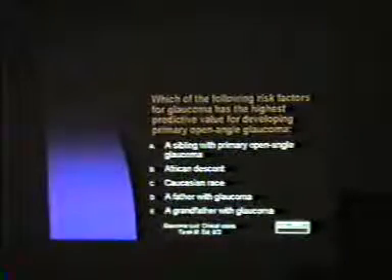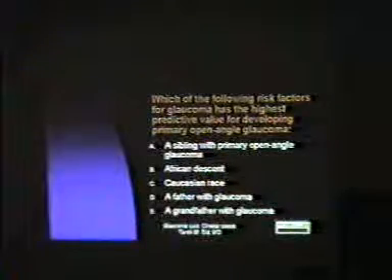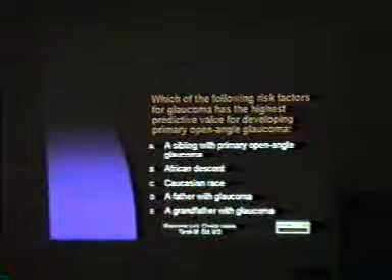Which of the following risk factors for glaucoma has the highest predictive value for developing primary open-angle glaucoma? Sibling with primary open-angle glaucoma, African descent, Caucasian race, father with glaucoma, grandfather with glaucoma.